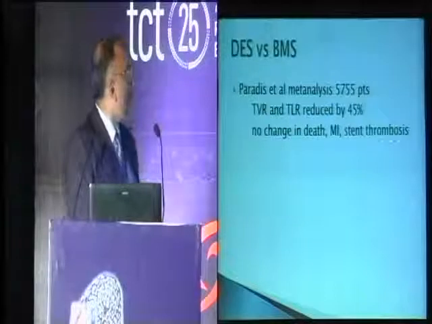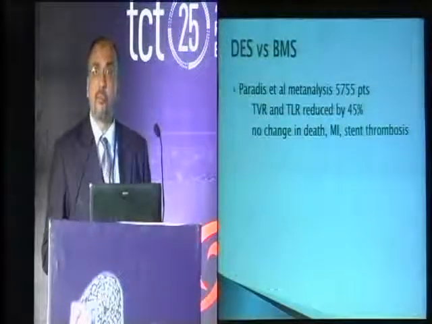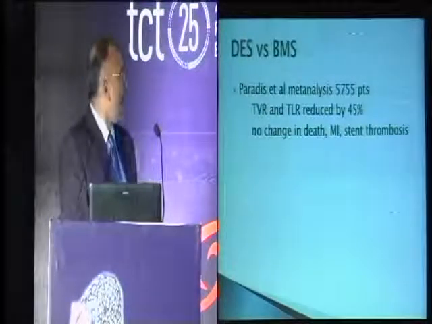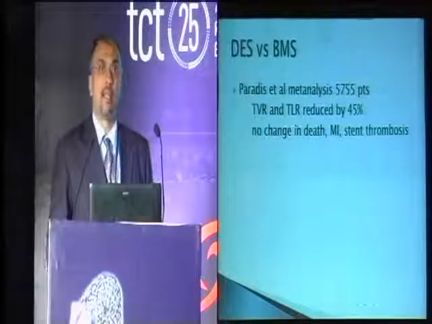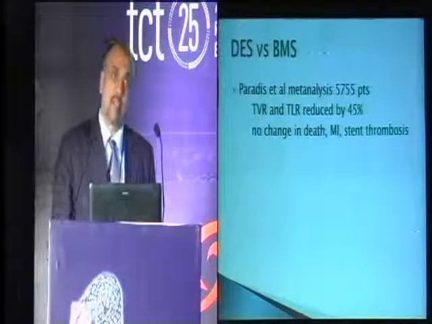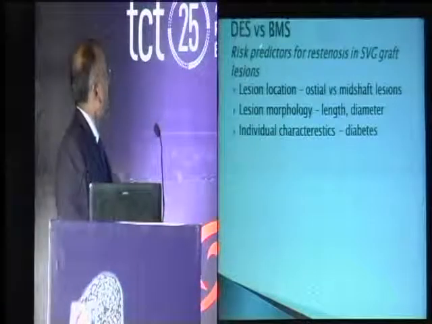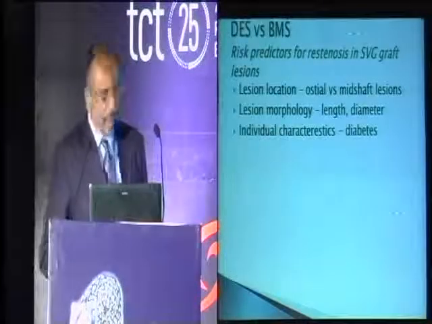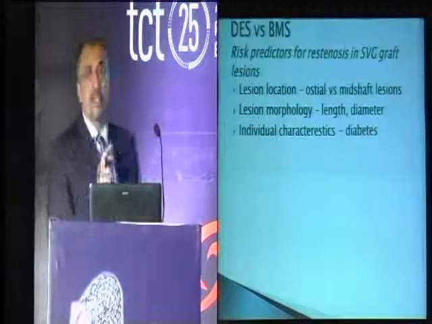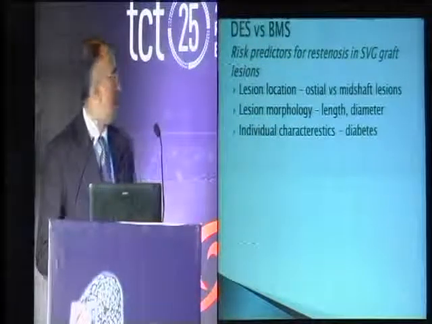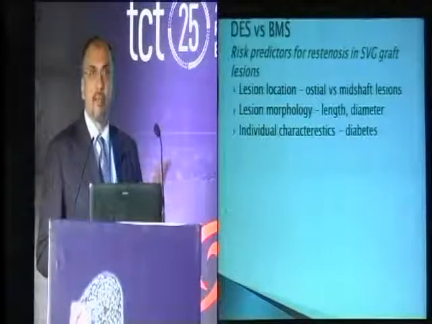That statement was TVR and TLR come down by almost 40 to 50%, and there is no change in death, MI or stent thrombosis, whether you use a bare metal stent or not. And finally, when you want to choose between a bare metal and a drug-eluting stent, ostial location, drug-eluting stents do better, and diabetics, long lesions.